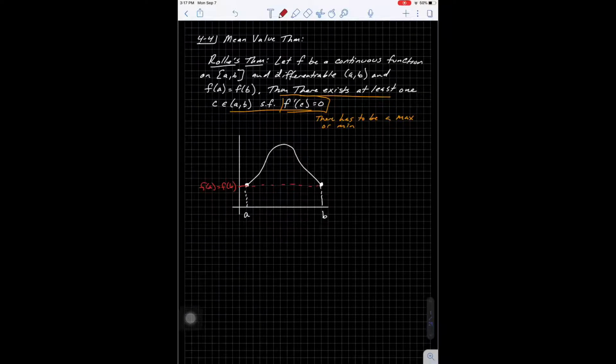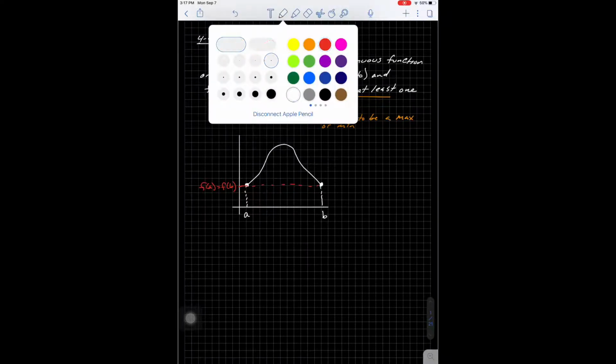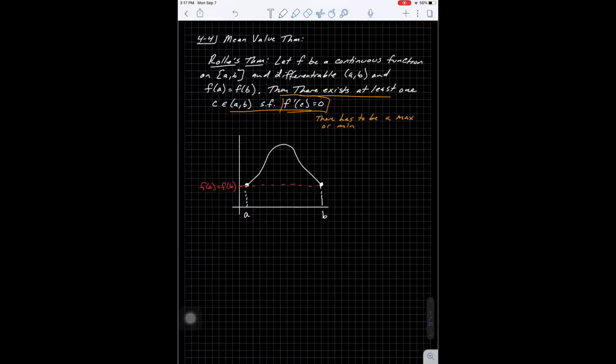So this function that I've drawn fulfills all the requirements of Rolle's theorem. And we can see that there actually is a c value right here such that the derivative at that point is 0. It's a maximum. c is a critical point.